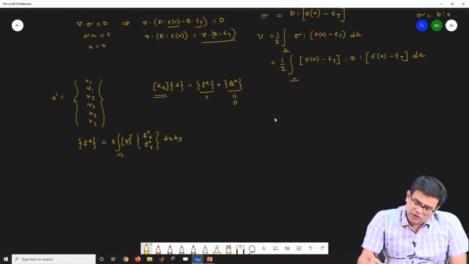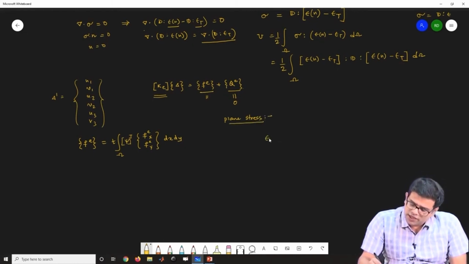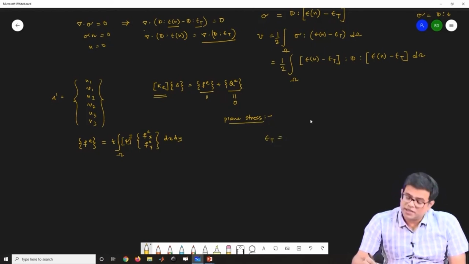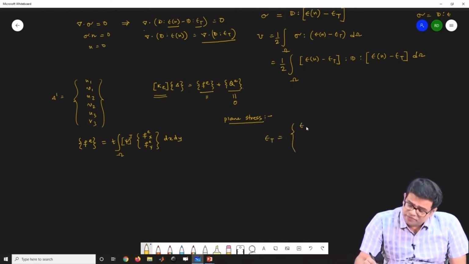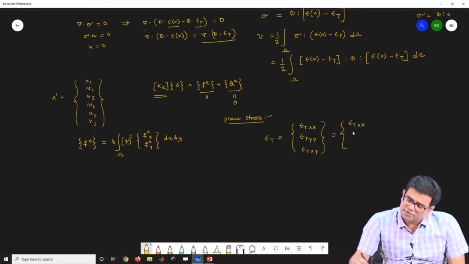If I now consider a plane stress problem, then my thermal strain will be simply epsilon T xx, epsilon T yy, and epsilon T xy. Epsilon T xy will be 0 for the isotropic case. So naturally we can write epsilon T xx, epsilon T yy, and 0.